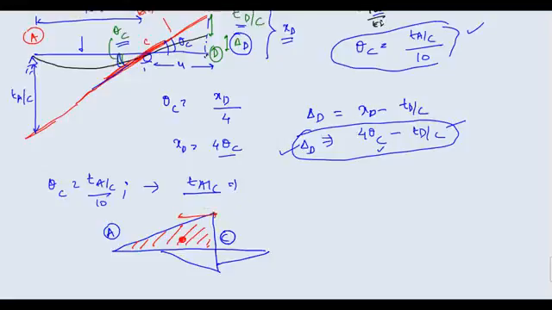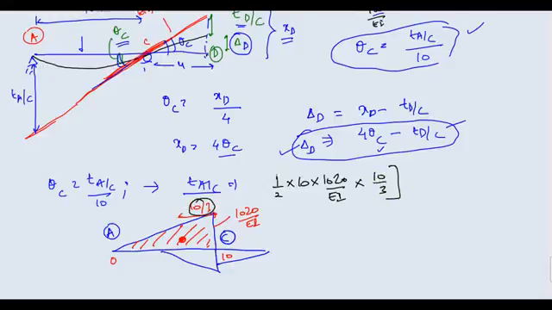It is at a distance of how much? 10 upon 3, because this is 0, this is 10, and this value is 1020 upon EI. So what is the area multiplied by the distance of CG for this red triangle? It is half into 10 into 1020 upon EI. This is the area, half base into height, multiplied with 10 upon 3, because of the moment of area.